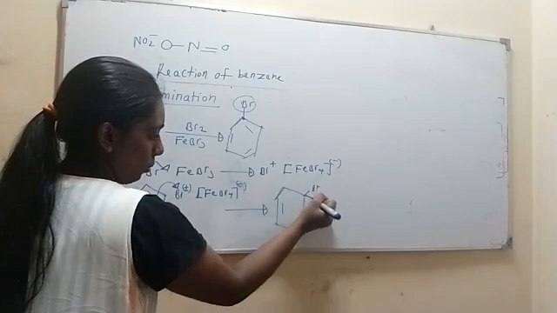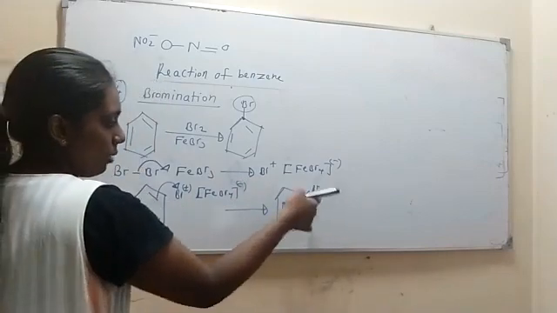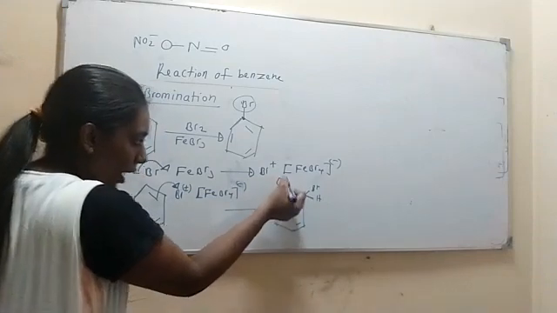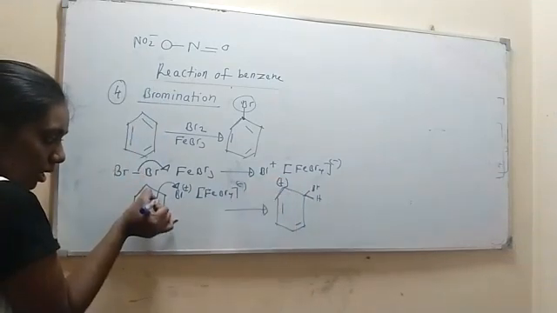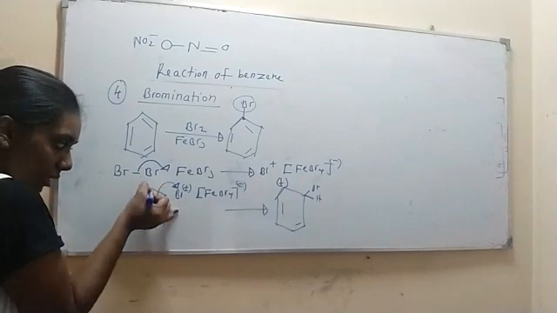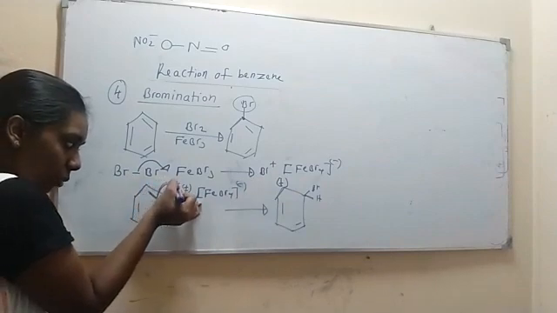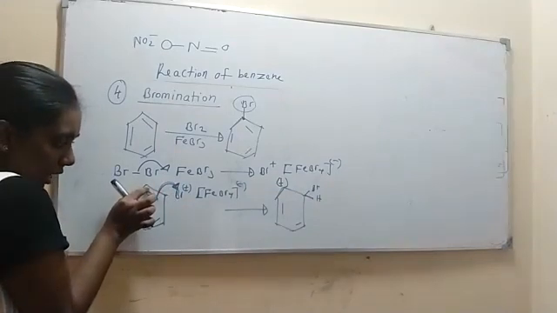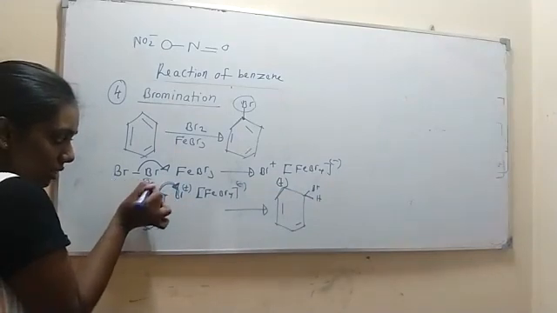Hydrogen I am showing here; normally every position has hydrogen, but in order to write the mechanism we show hydrogen in this place. There will be a plus sign here. Why? Because there is a bond between this carbon and this carbon. This gave its electron to Br and Br formed a bond here, but one electron is reduced here. Therefore, you should show that plus sign.